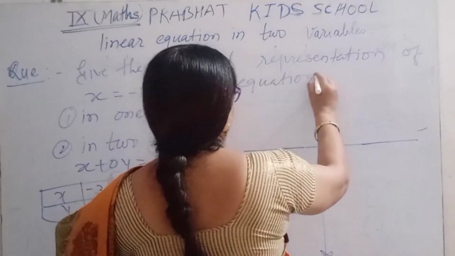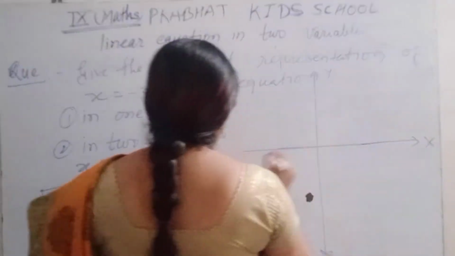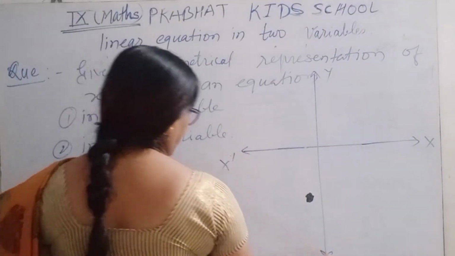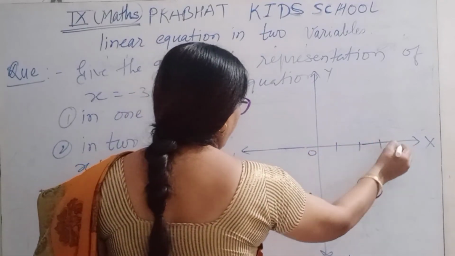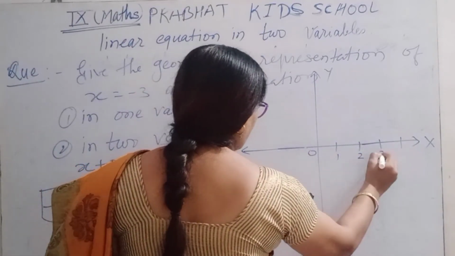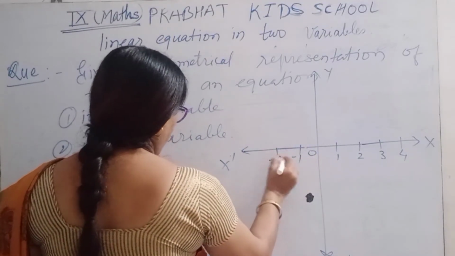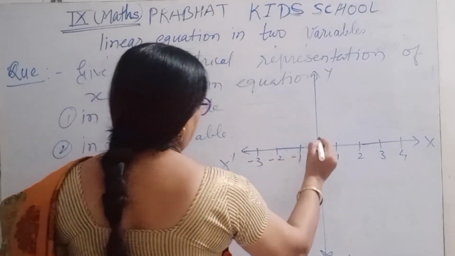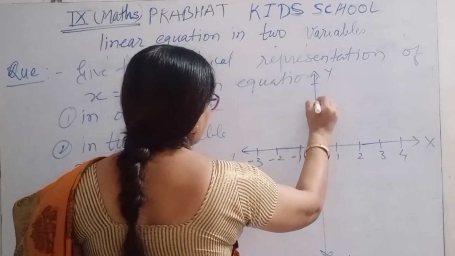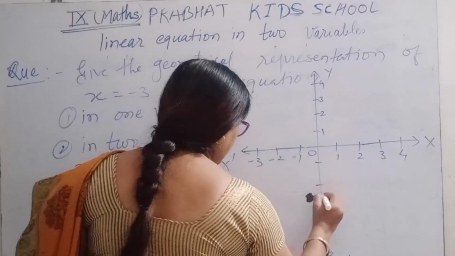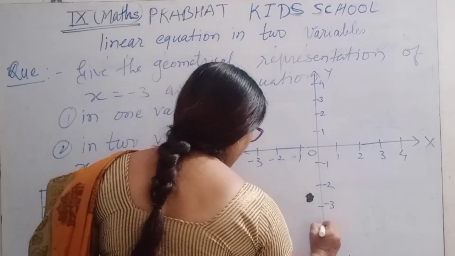It is very easy: x and y, this side is x dash, y dash. Mark 0, 1, 2, 3, 4, then this side minus 1, minus 2, minus 3. Then here 1, 2, 3, 4, and this side minus 1, minus 2, minus 3, minus 4.